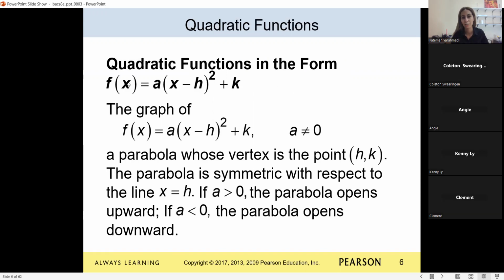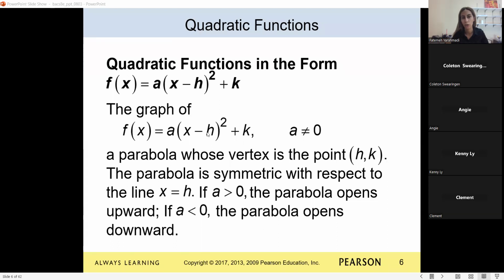Quadratic functions in the form f of x equals a(x minus h) squared plus k. The graph of f of x equals a(x minus h) to the power of 2 plus k, and please note that a cannot be 0, is a parabola whose vertex is actually the point (h, k).